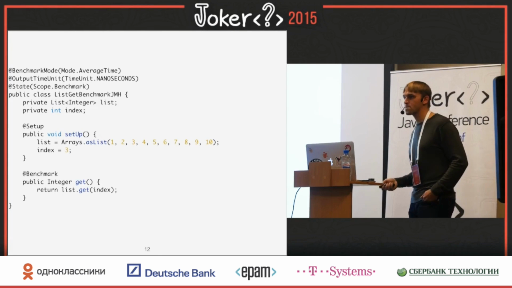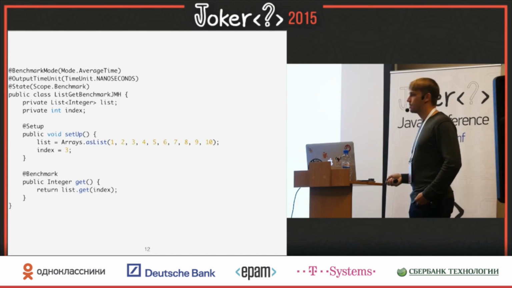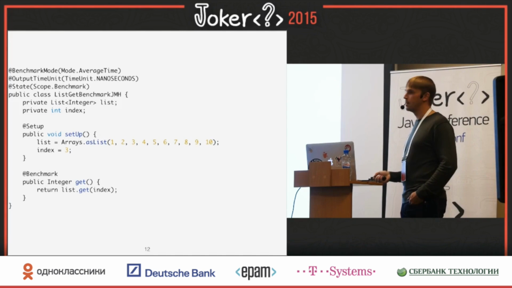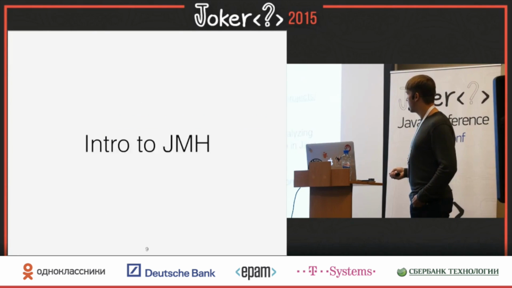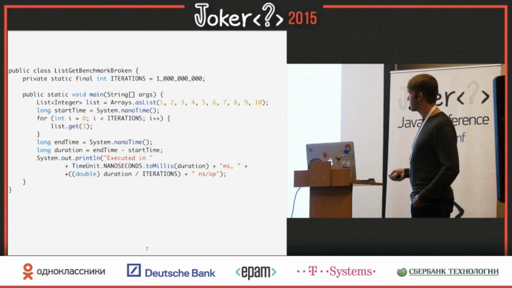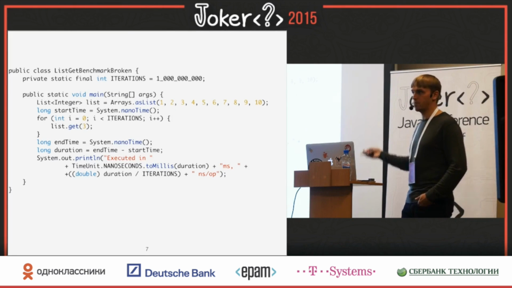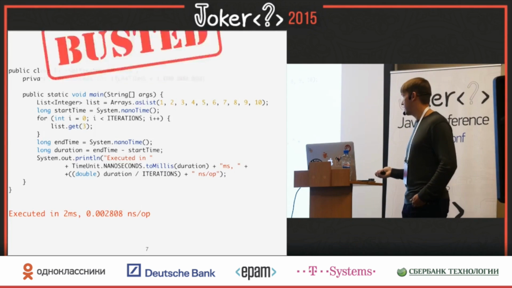If you do a regular Java method, chances are it will get inlined and the constant will be provided from somewhere. Okay, so JMH has something to fight that. So in normal code, if I would go back and put an int index 3 here, it's still going to be the same: it's going to be inlined, and the effect will be the same.